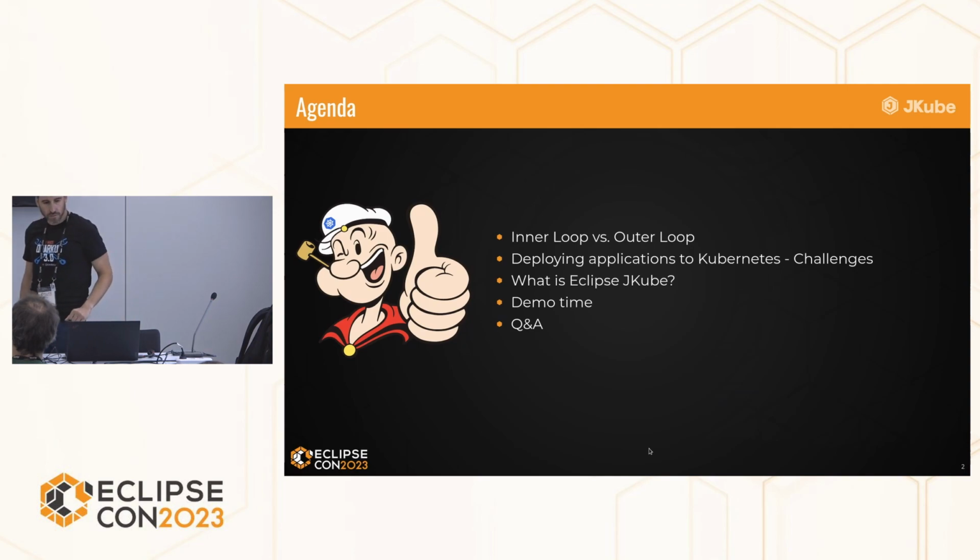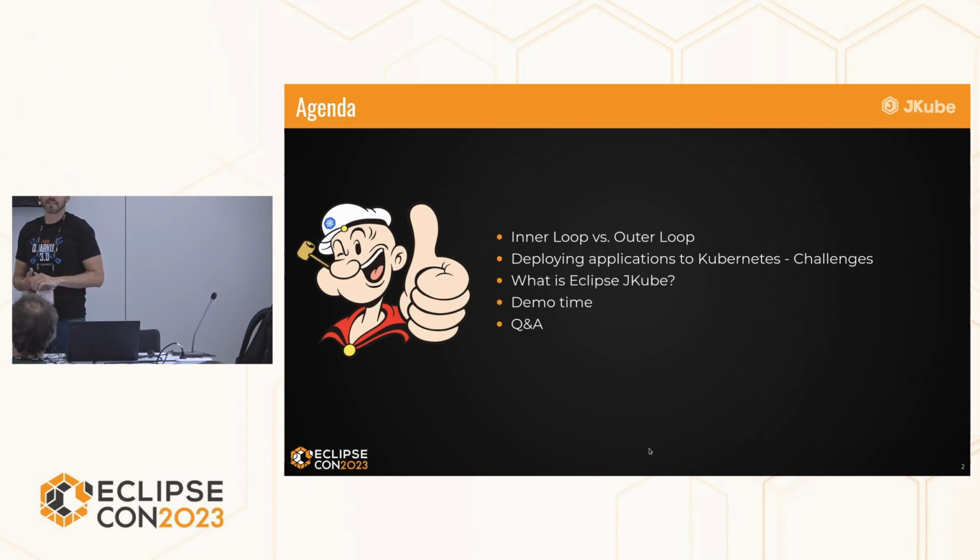This is the agenda for today. I will start by clarifying the concepts of inner and outer loop, which I think will come in handy when explaining JKube features, especially those related to Helm. Then I will describe the challenges that developers might face when deploying their applications to Kubernetes. I will continue with a short introduction to Eclipse JKube and how it can help you overcome some of these challenges.